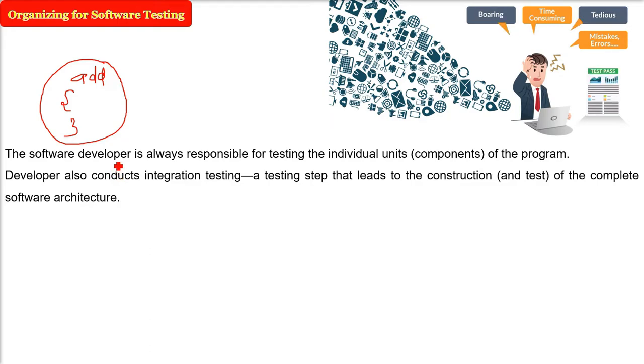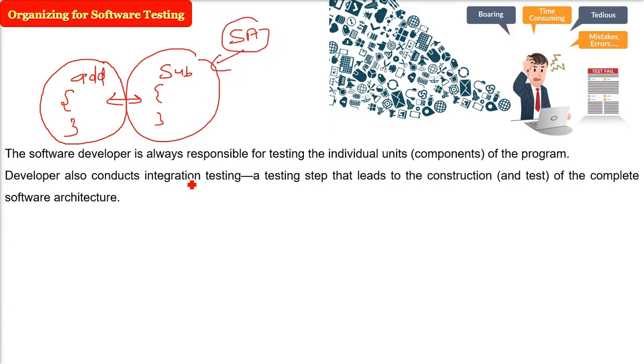Now the developer also does, most of the time, the integration testing. That is a testing step that leads to the construction and test of the complete software architecture. Because when we go to the architecture, then a different team may come. So the unit testing and the integration testing are most of the time done by the developer, because integration testing is where the components are combined and then tested.